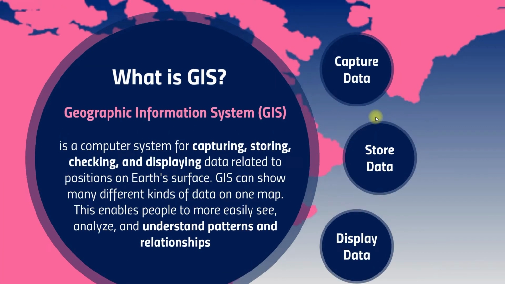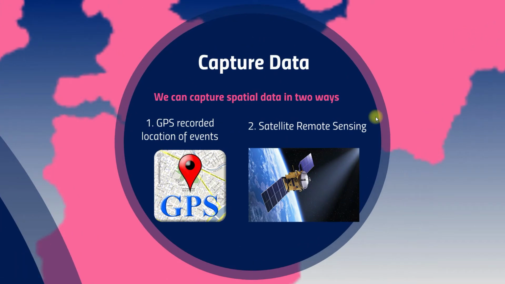So let's talk about capturing the data. We can capture the spatial data in two ways. The first is GPS recorded location of events. GPS, if you have not heard about it, is the Global Positioning System, and nowadays it is in your mobile phone, smartphone too, right?